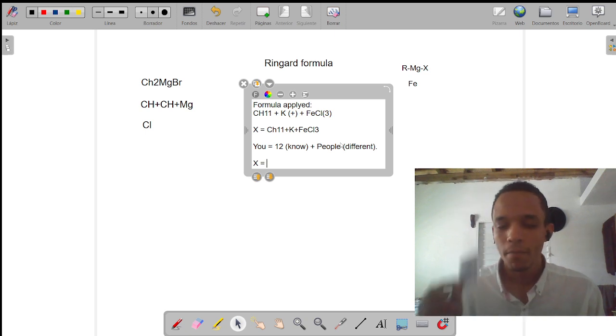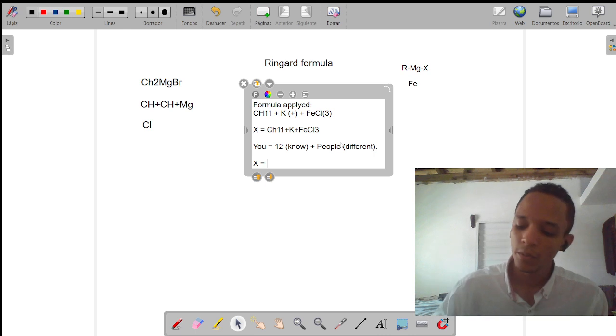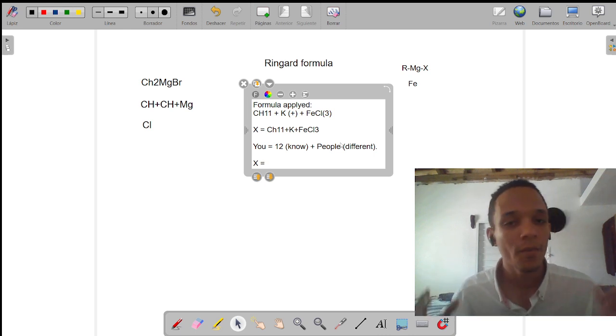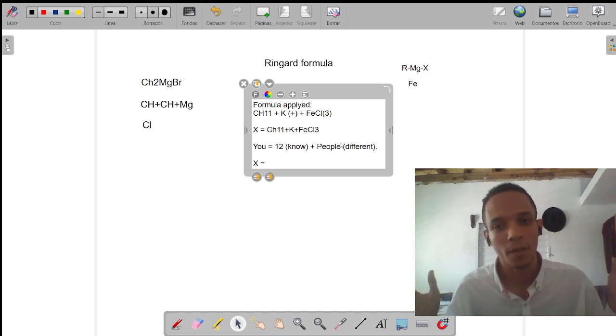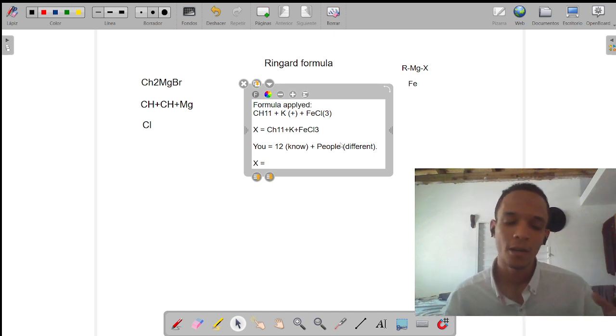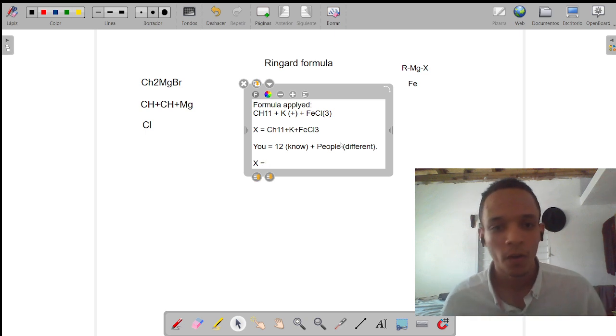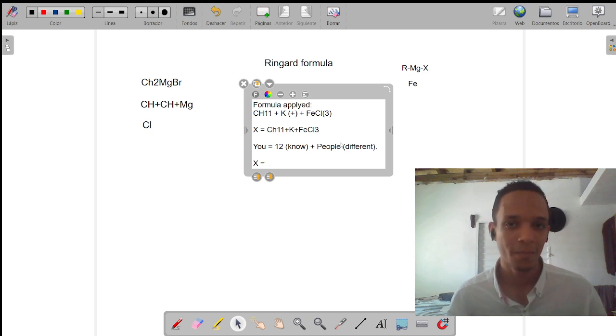But if you use it with humbleness, you will understand many things. And if you are better than me in chemistry, you can improve this even much more than me. Believe me, I'm just a developer and also an ethical hacker, but I am not a chemistry scientist. Being honest, I am not a chemistry scientist.